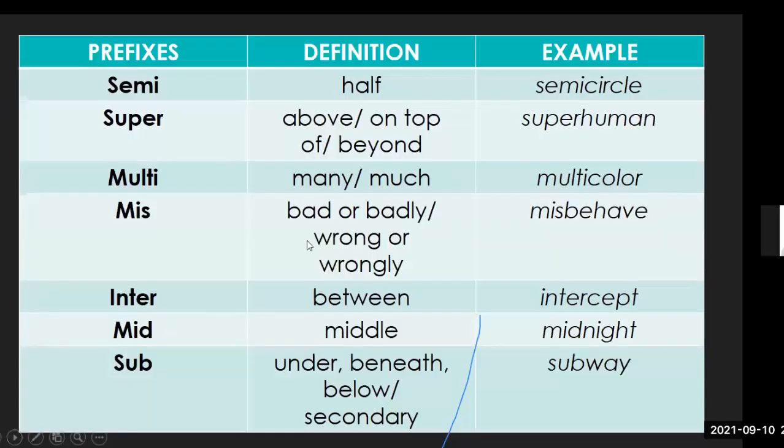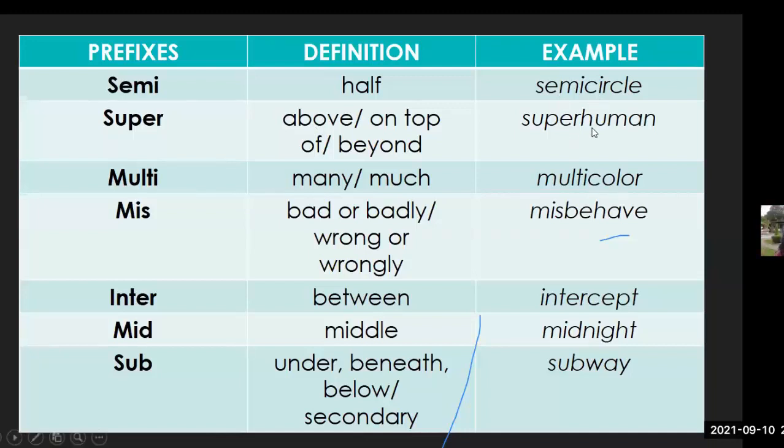Now, other prefixes that you must know, not only the ones I already presented. I also brought here semi, that means half. Like if you add semi to circle, now this is not a circle anymore. So now it's half of the circle, okay? Super, that means above, on top of, beyond.